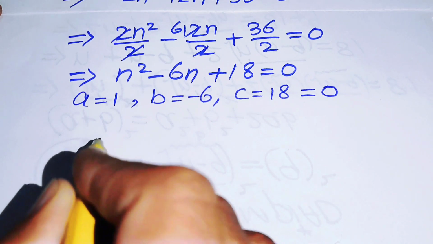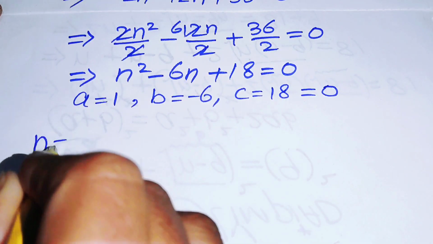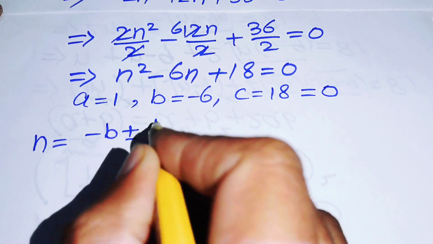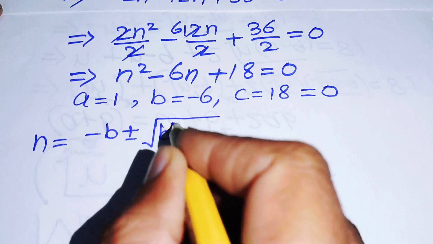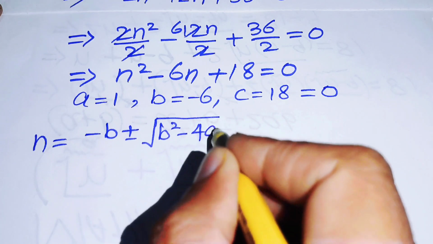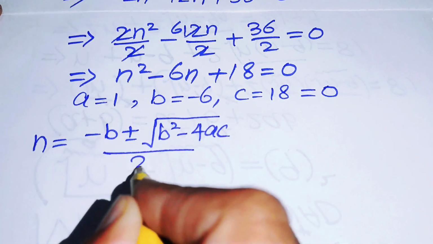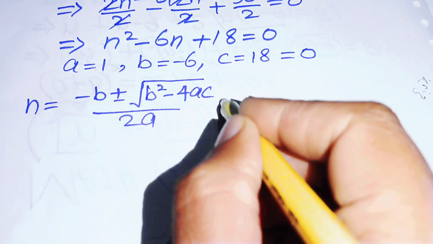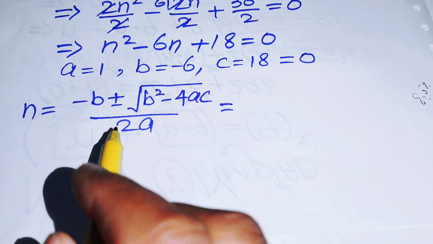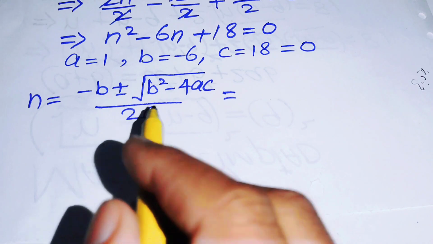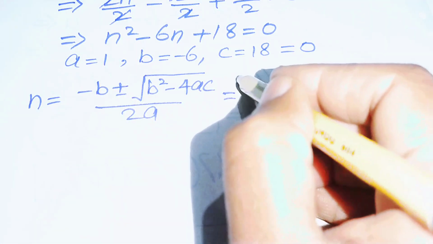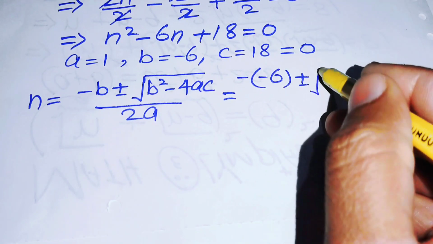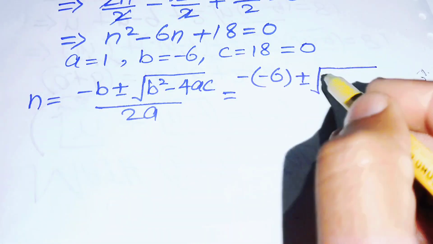And you know that our quadratic formula looks like this: n = (-b ± √(b^2 - 4ac)) / 2a. Now we substitute all the values of a, b and c in this formula, and we obtain n = (-(-6) ± √(b^2 - 4ac)) / 2a.